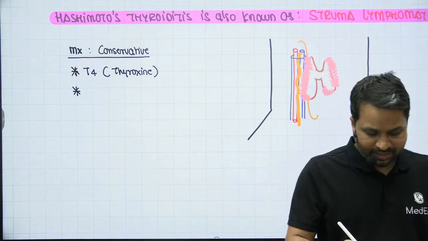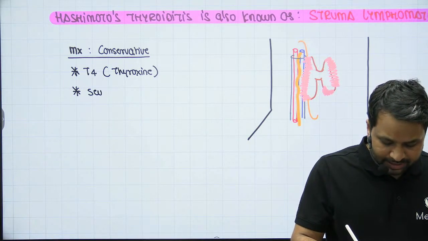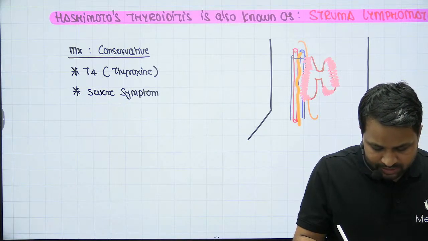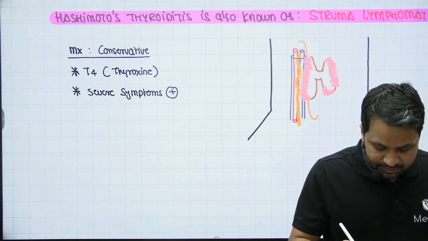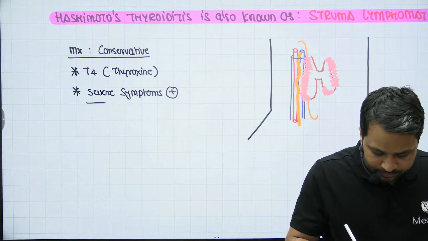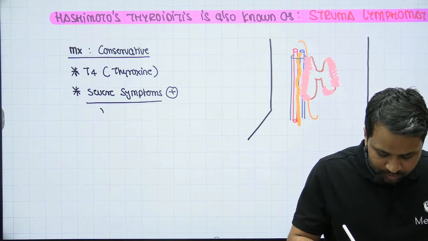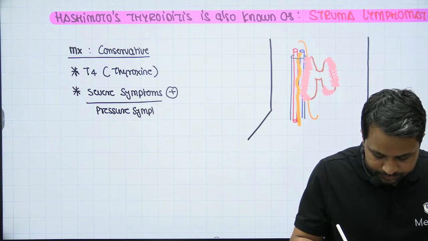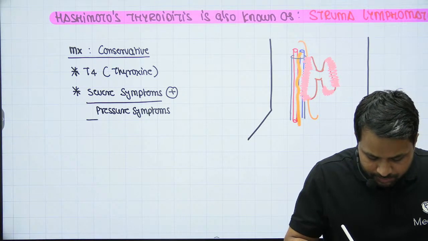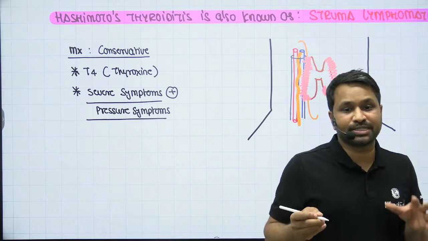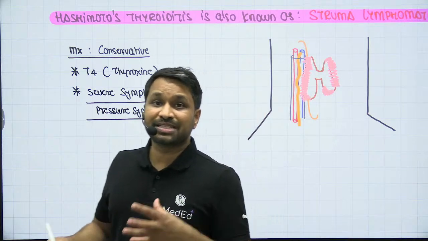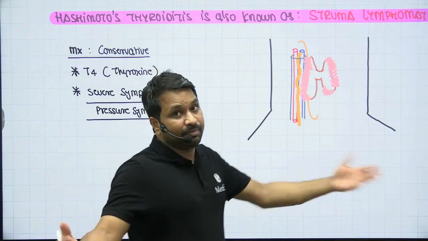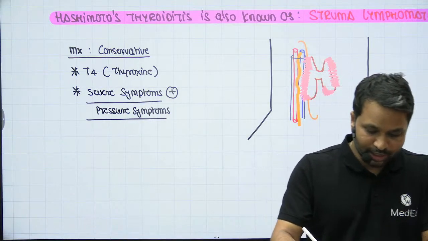Now, Mansoor, you're absolutely correct. What if the gland becomes enlarged? It will present to you with severe symptoms, and these severe symptoms are pressure symptoms. These are going to be your pressure symptoms. Right? Now, once the patient starts developing severe pressure symptoms, what will you do? I cannot go and operate and remove the entire gland because it can cause more damage. So here's the important point.